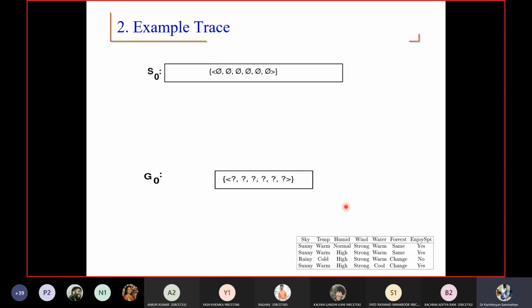Or else you just derive it. I will tell you where to eliminate. So now you can take this as an example. In this table, Sunny here, the first 2 are positive, the third one is negative, then the fourth one is positive. Can you try this now and tell me the answer? Final S4 and G4. You just tell me.